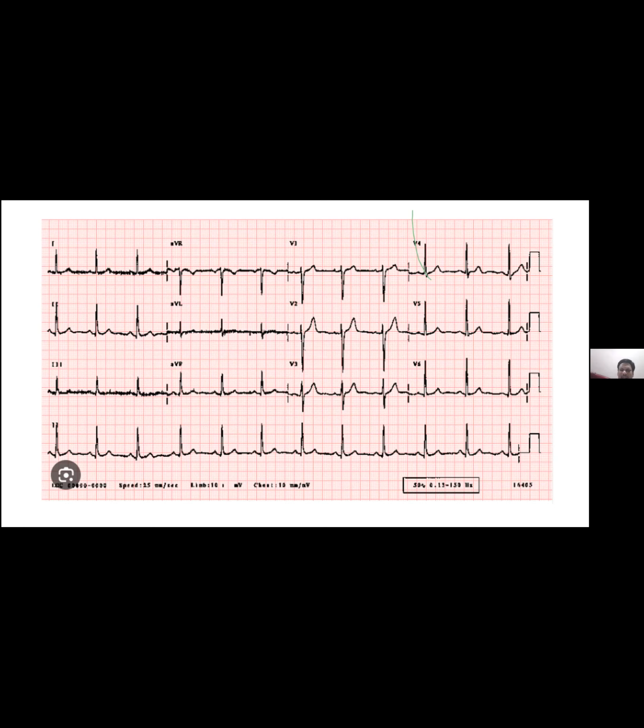Whenever the rate is more than 100, you call it tachycardia, and less than 60, you call it bradycardia. The approximate rate is sufficient on most occasions, except in situations like atrial fibrillation, where to calculate the average rate we require a more accurate calculation. So here, roughly 300 divided by 4 big squares, it is around 75 per minute. A simple way of calculating the rate.